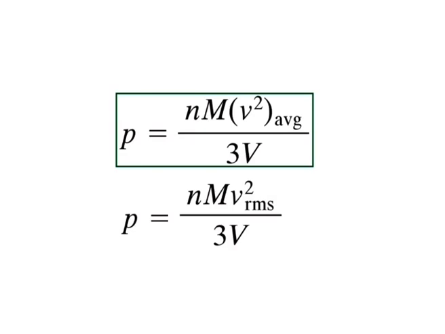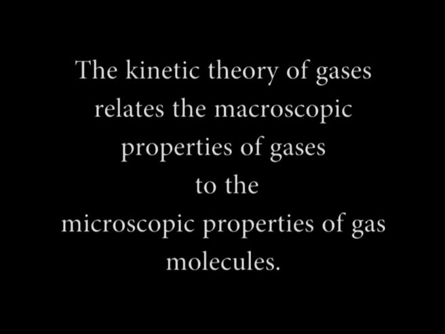This tells us how the pressure of the gas, a purely macroscopic quantity, depends on the speed of the molecules, a purely microscopic quantity. The kinetic theory of gases relates the macroscopic properties of gases, for example pressure and temperature, to the microscopic properties of gas molecules, for example speed and kinetic energy.